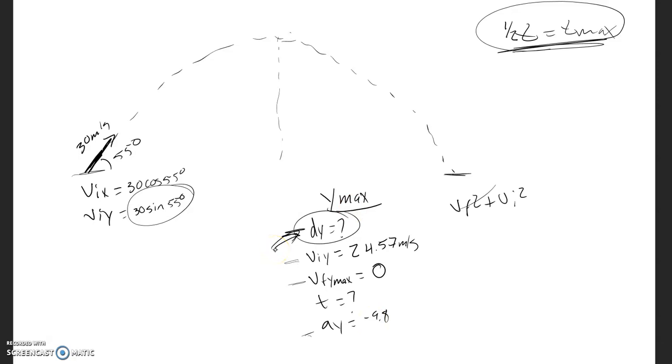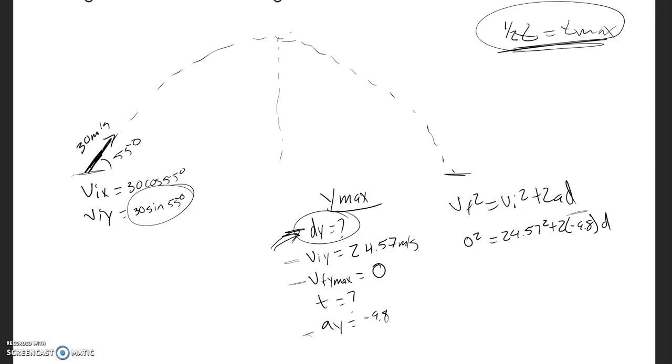So if you use this equation, it's vf squared is equal to vi squared plus 2ad. You can solve for displacement. So VF squared, 0 squared, is equal to 24.57 squared plus 2 times negative 9.8 times distance.